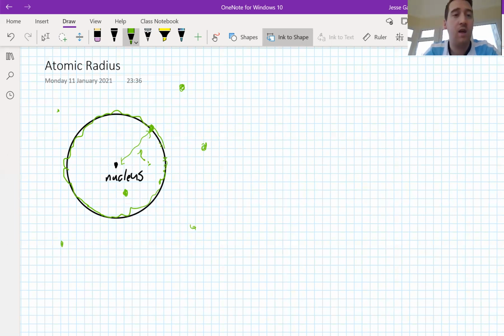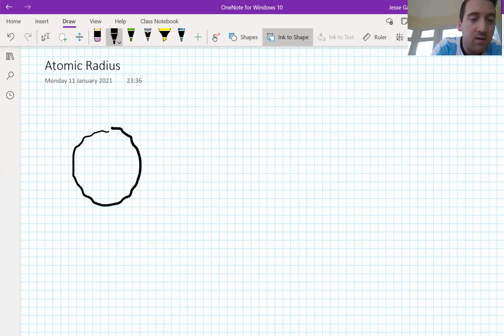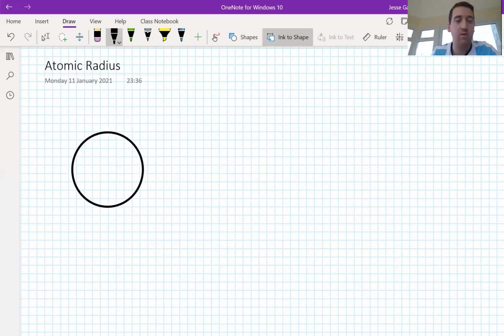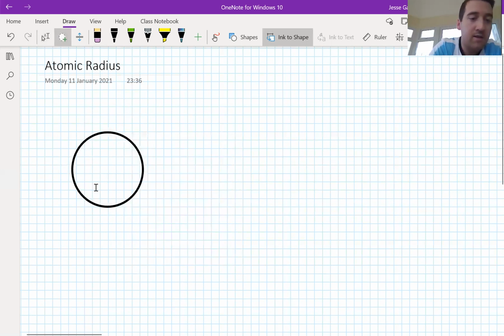Well, basically, how this works is, I'm just going to get rid of that now for a second. Scientists use X-rays, and what they do is they take molecules which are made of two atoms of the same element, like this. So we've got one circle, and to make sure they're the same size circle, I'm going to copy this like this.